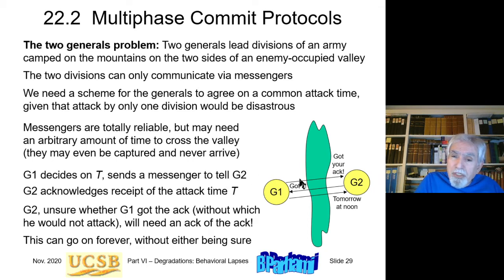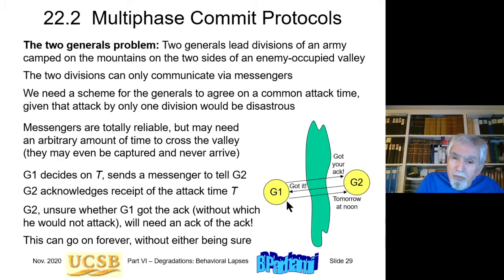Now this messenger can be captured or can perish as he crosses the enemy territory, or can be delayed because he may have to hide for a while if the conditions are not suitable for crossing without being detected. So the messenger can be delayed beyond tomorrow at noon, or can actually never get through and get to General 2.